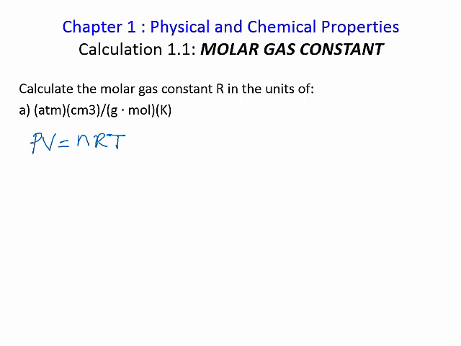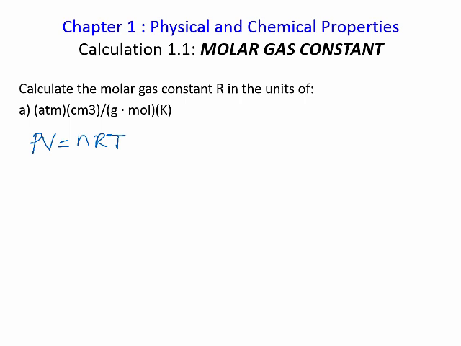where n is the number of moles of gas that would have a volume of V at pressure P and temperature T. Of course, temperature T should be expressed in absolute units of Kelvin or Rankine.